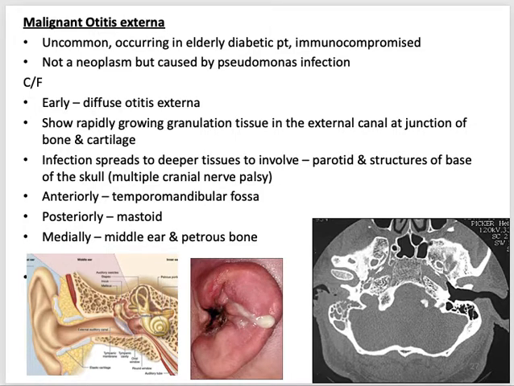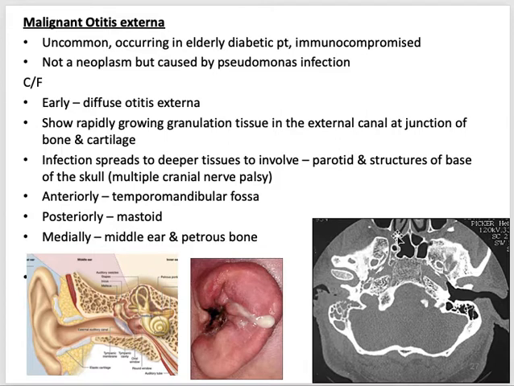How we diagnose this condition is simply, if you find severe ear pain in an elderly diabetic patient, and on examination you are seeing a granulation tissue, then it should alert you for the diagnosis of necrotizing otitis externa.